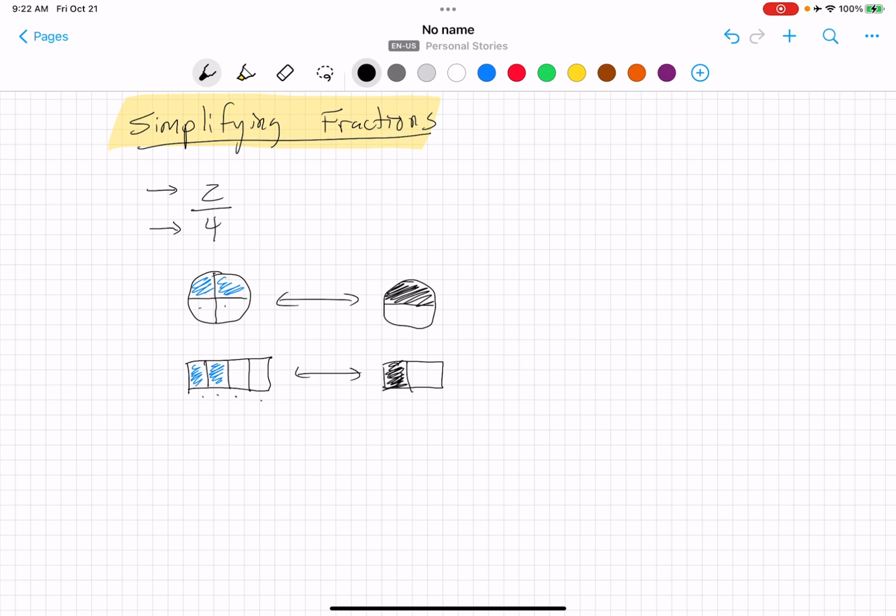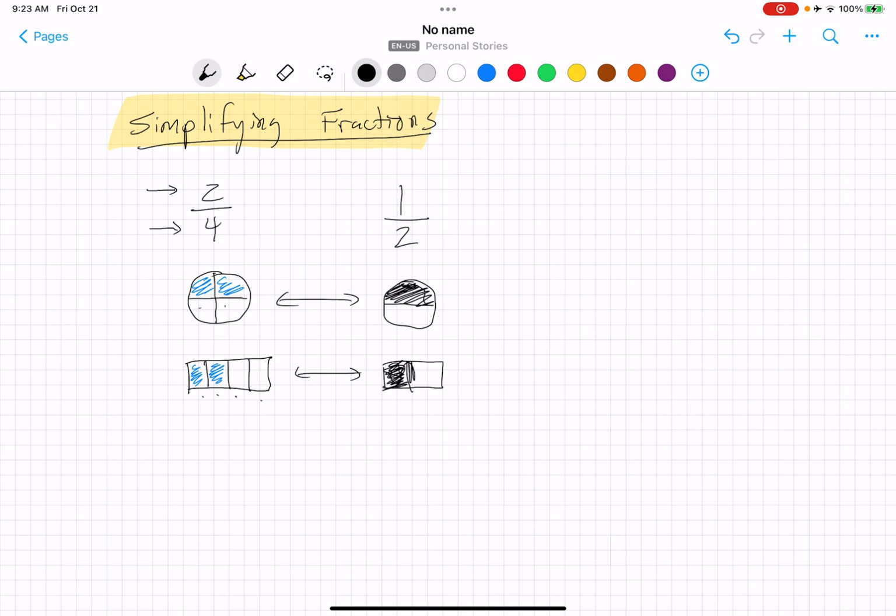Over here, how many pieces can you count on the right-hand side? Hopefully you said 2, because we can see there are 2 pieces. Now, how many pieces do I have? Well, I have 1 piece, the one that's being colored in here. And the same thing is true if I'm using the bar model.